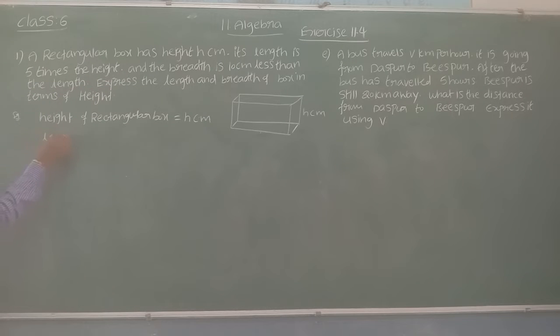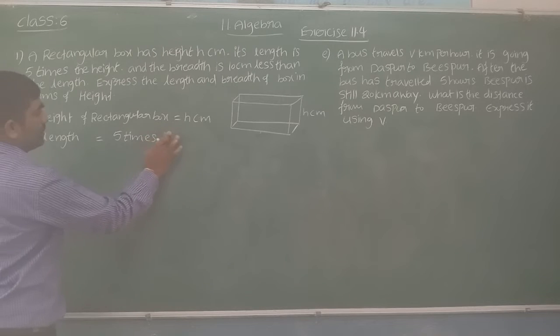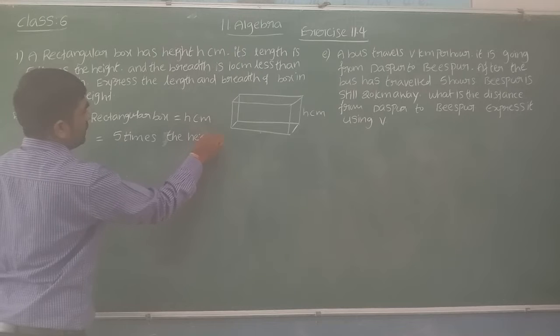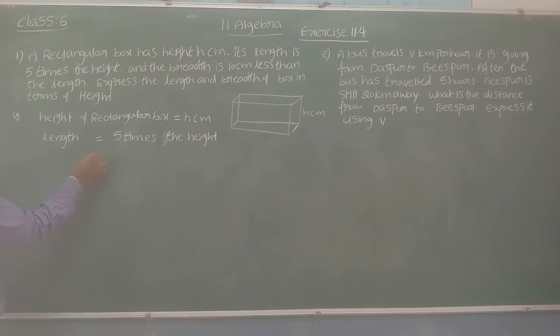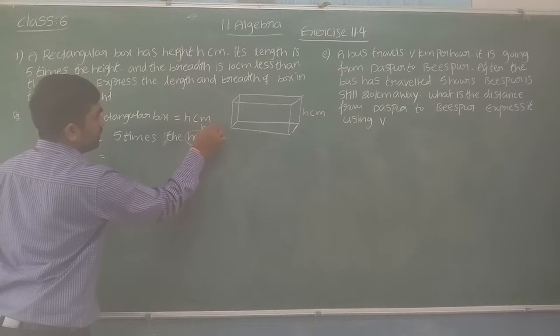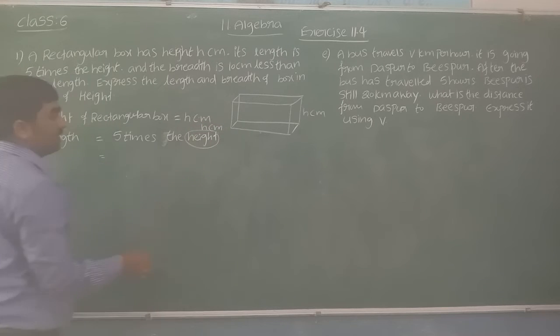Already we know height is h centimeter. How can I write 5 times of it? 5 times of h.